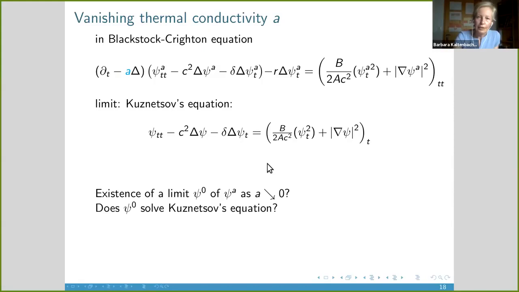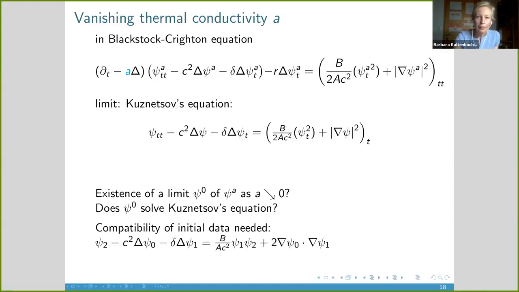This is just to point out it can be done, and it has been done in appropriate spaces. The strategy in principle is to derive energy estimates on solutions by using appropriate multipliers, and then picking out the terms that are independent of a, because these are those that survive taking limits. And then the resulting norm is hopefully still sufficiently strong in order to establish the limiting solution as a solution to Kuznetsov's equation.